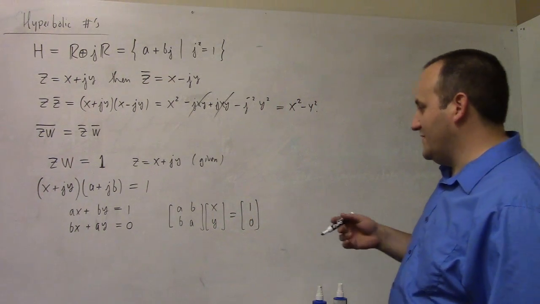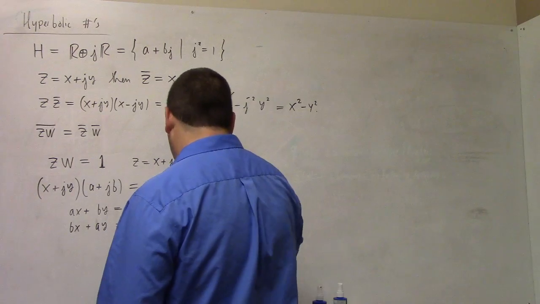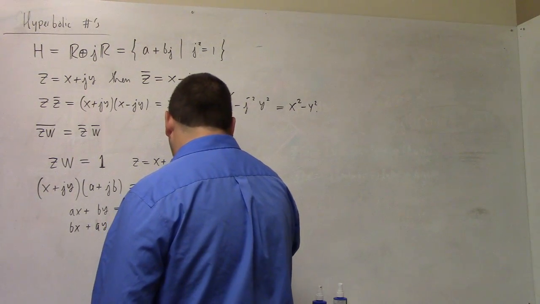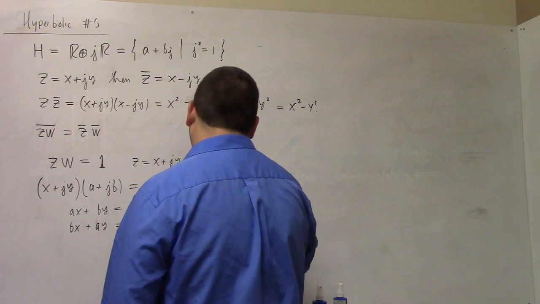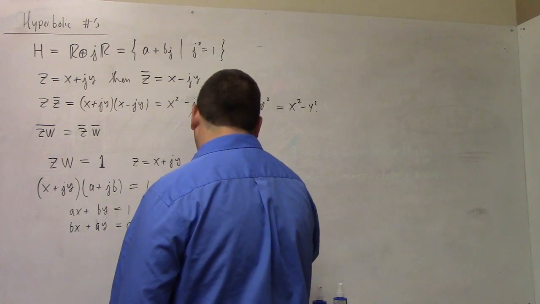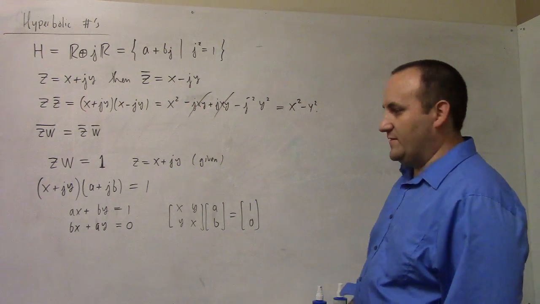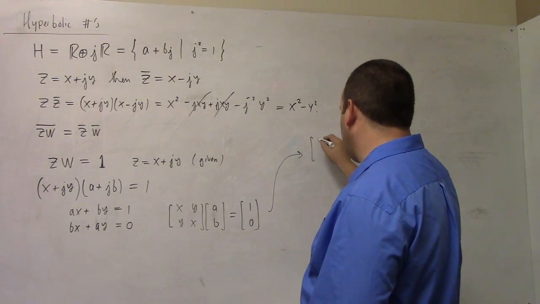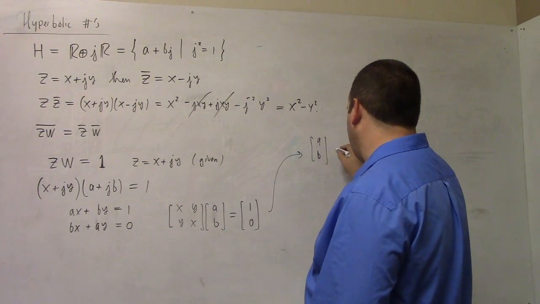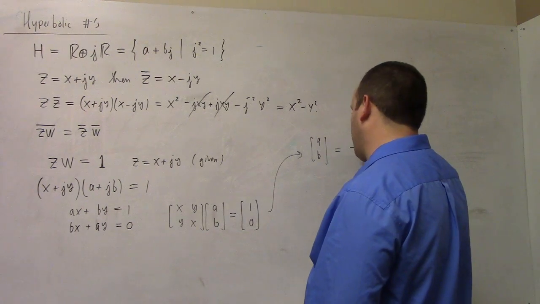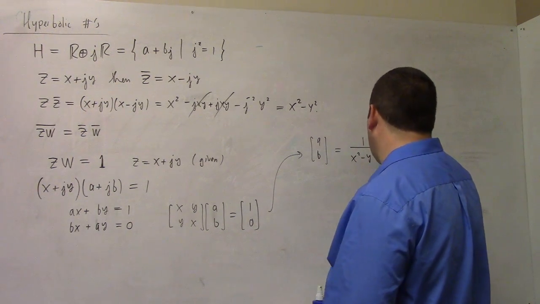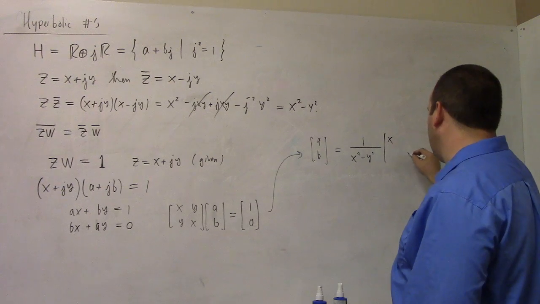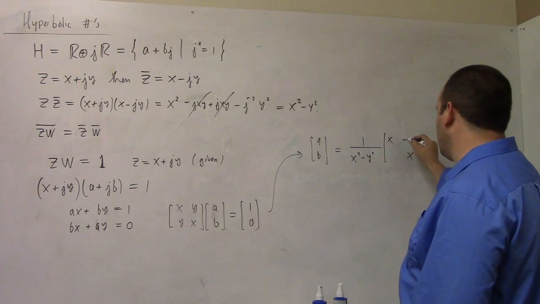That's not what I want, though. I want it the other way around, because x and y are given. I'm trying to find a and b. So to solve for a and b, what do you get? Flip the x and the x.